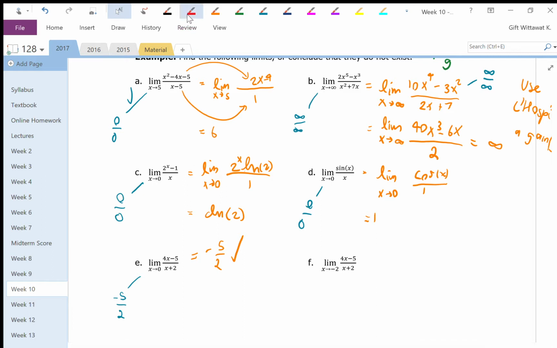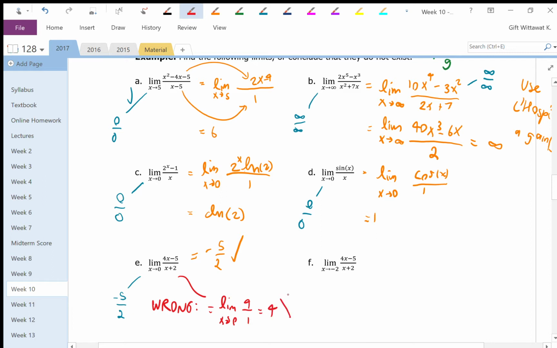However, note that if you try to use L'Hopital here, the wrong way to do this would be to say that it equals the limit as x goes to 0 of the derivative of the top, which is 4, over the derivative of the bottom, which is 1, and that gives me 4.